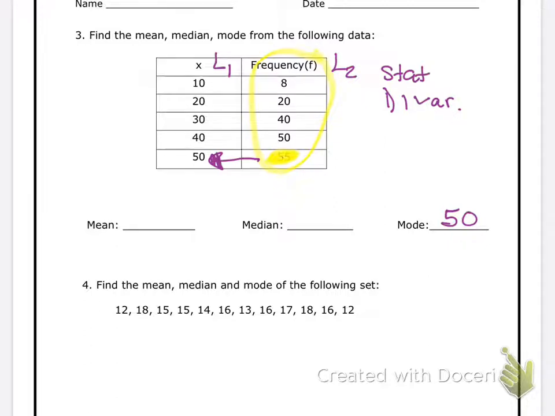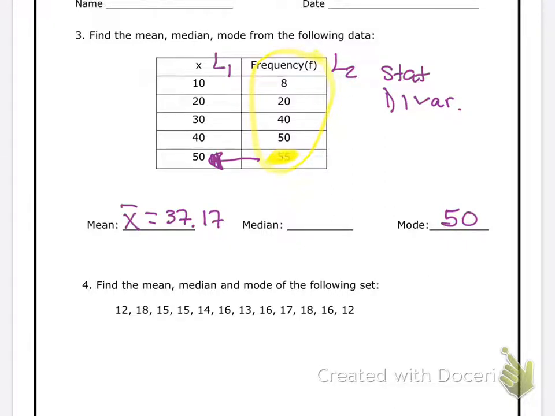So I just need to change L2 to 8, 20, 40, 50, 55. Then I'm going to go to stat, arrow over to calc, do my one variable stats. Be sure to select L1, L2, and then hit enter. When I do that, I see X bar is 37.167, so I'm going to round that.